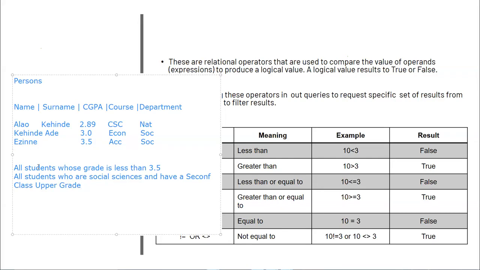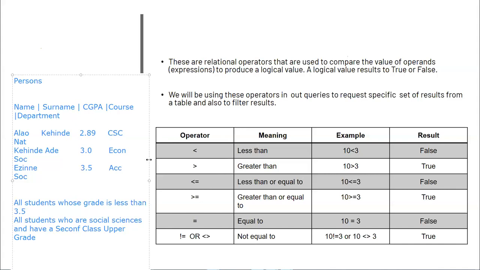We can look at all students. So the questions we can answer with these comparisons are as interesting as the way we can think of these comparisons.